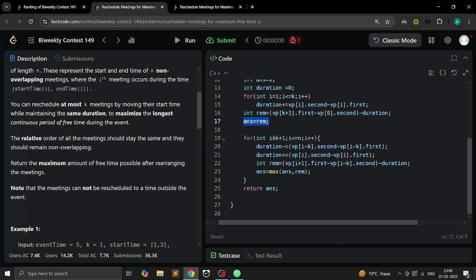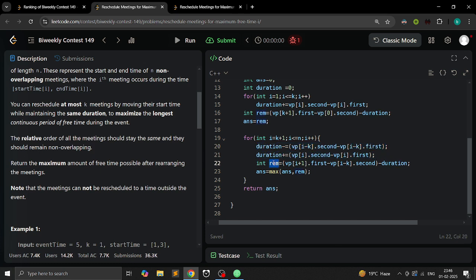Now for the sliding window, we just move one step ahead and ahead. So here I loop from k plus 1 to n. I will subtract the first duration, like the last k duration, and I will add my current duration.